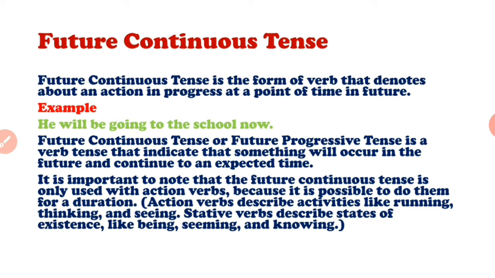Which verb? You may have a question. That verb denotes an action in progress. When? At a point of time in future. In this way you can segregate the parts of this definition.